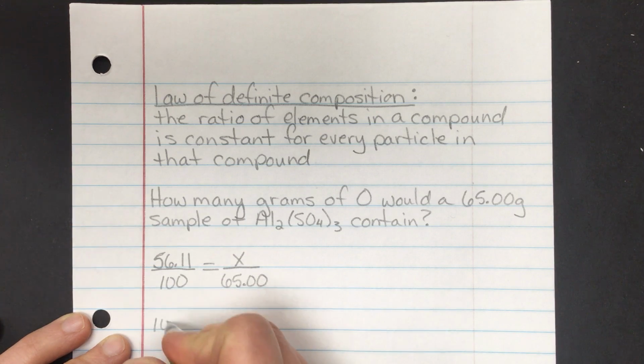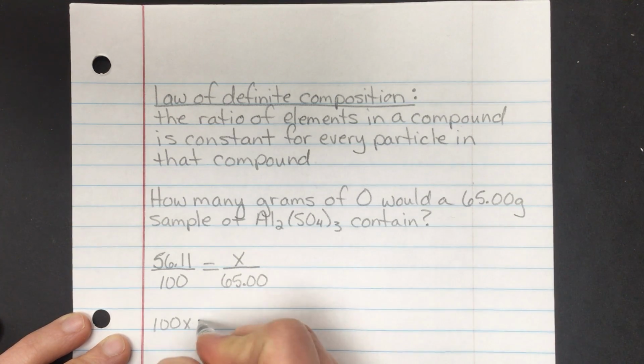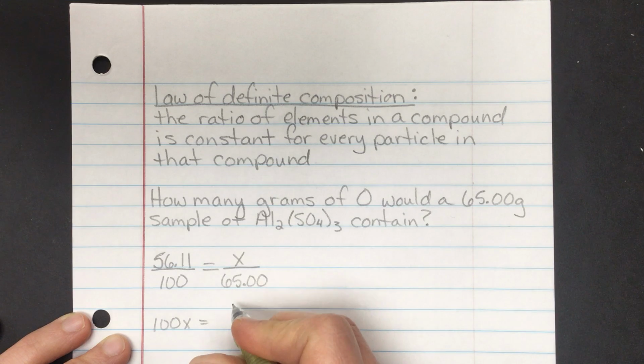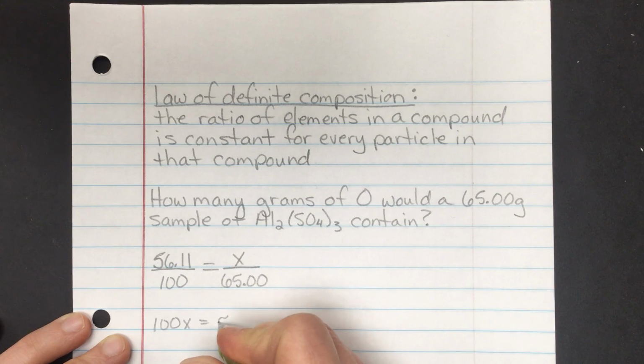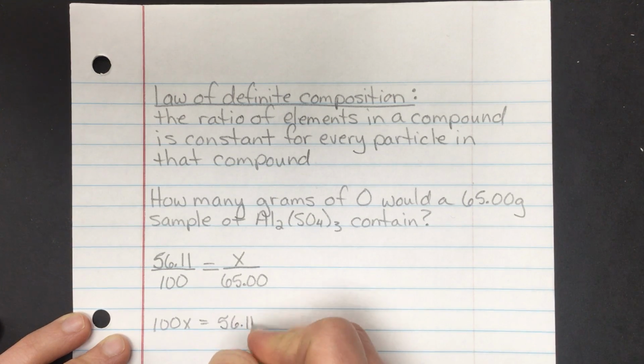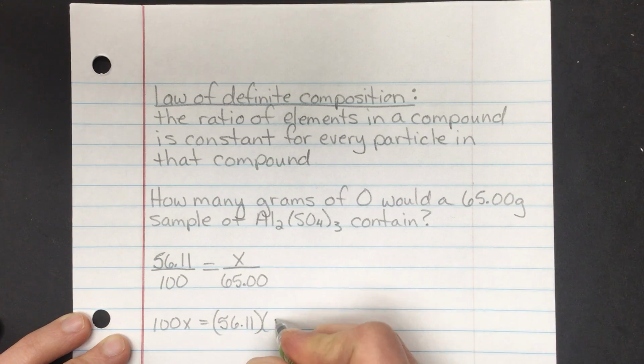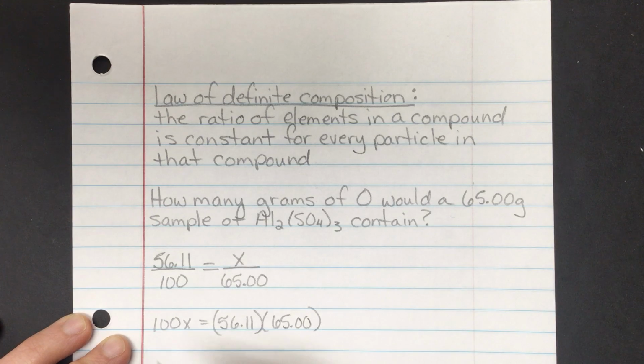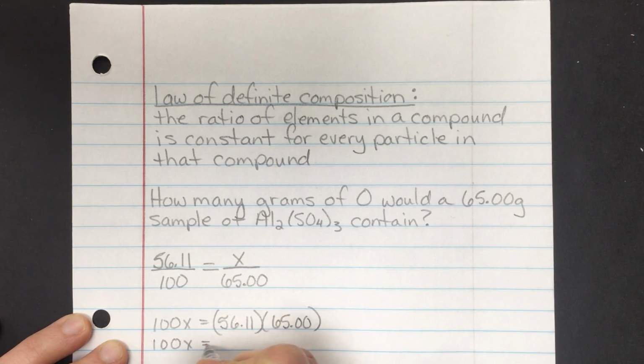It's 100x equals 56.11 times 65. So I get 100x equals 3,647 grams.